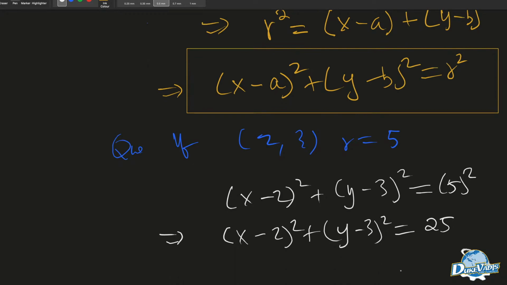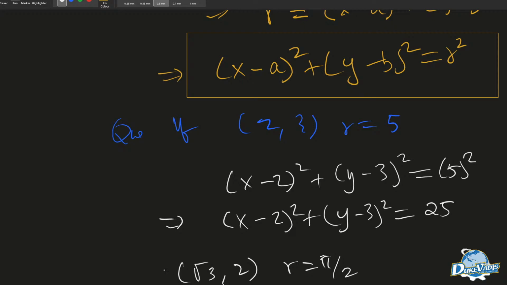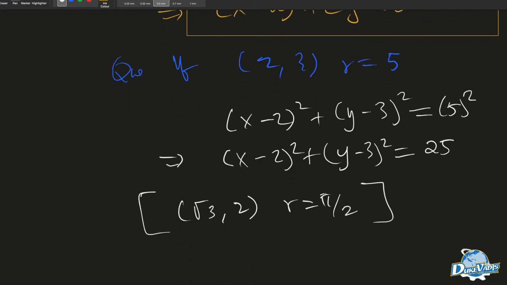Now, in the same way, if we have any coordinate at all, we can be given a coordinate to be maybe (square root of 3, 2), and r to be equal to pi on 2, and we have been asked to find the equation of a circle. What we have to do is substitute the respective values into the equation.